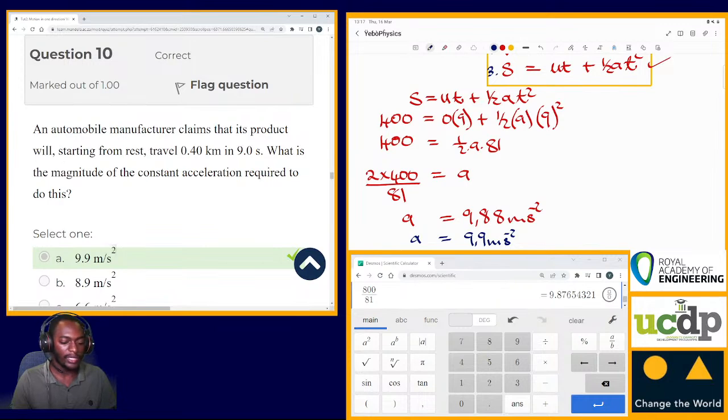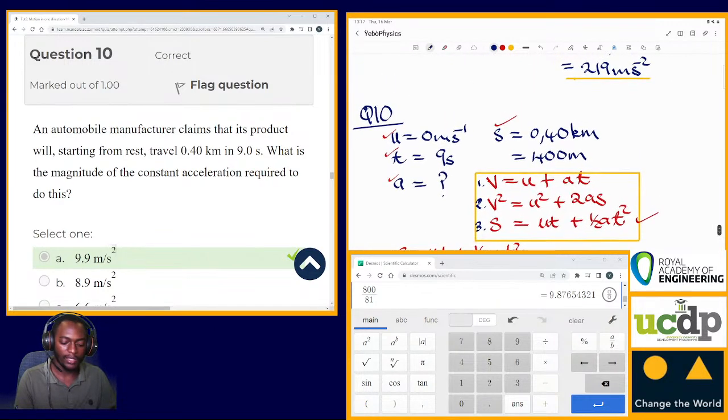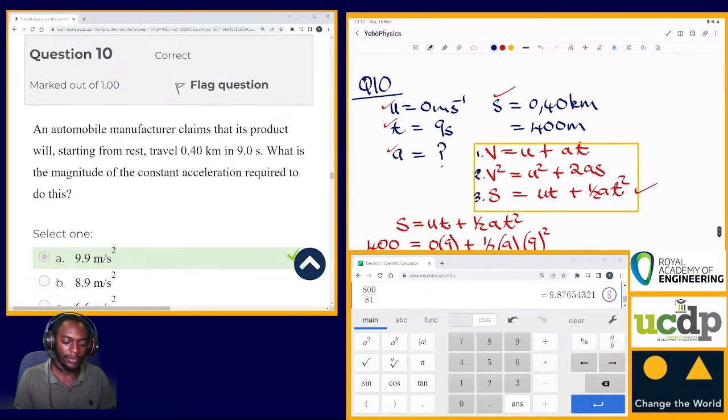So what have we done in this question? We put down the data: we've got the initial speed, and we know it's starting from rest, so the initial velocity is 0. Then the distance traveled is 0.4 kilometers, which is 400 meters.